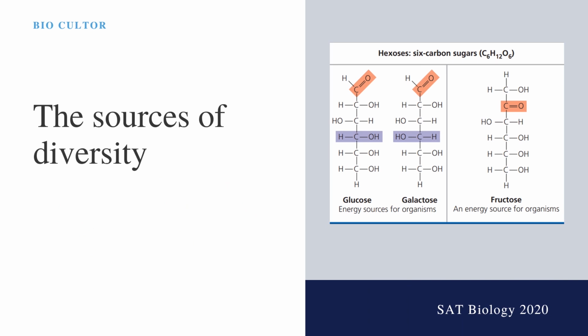Next, let's look at the sources of variety of carbohydrates. In general, there are three main sources of increasing diversity. First, this is the location of the carbonyl group. In other words, if you look at the diagram on the right, you will see that this group, CO, is either inside or at the end of the molecule.